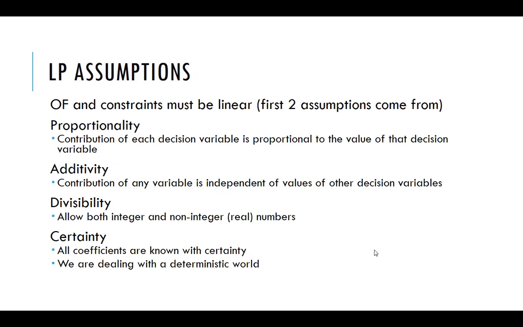So there are four big assumptions to linear programming, and the first two come directly from being linear. First is proportionality. I've written here that the contribution of each decision variable is proportional to the value of that decision variable.